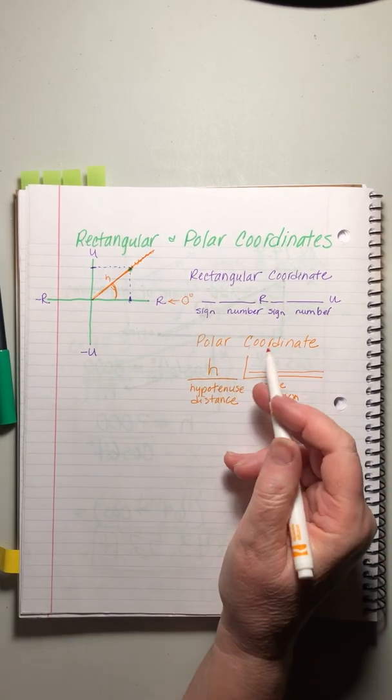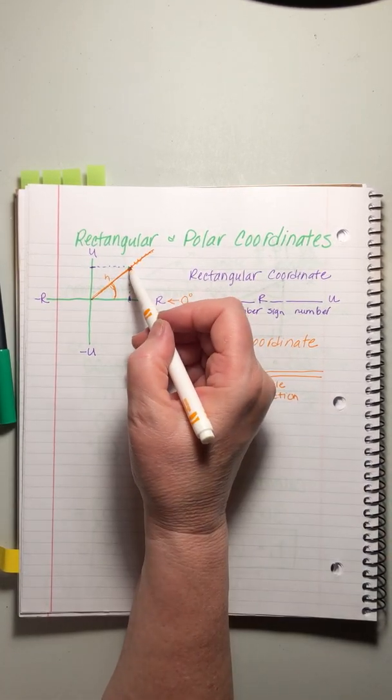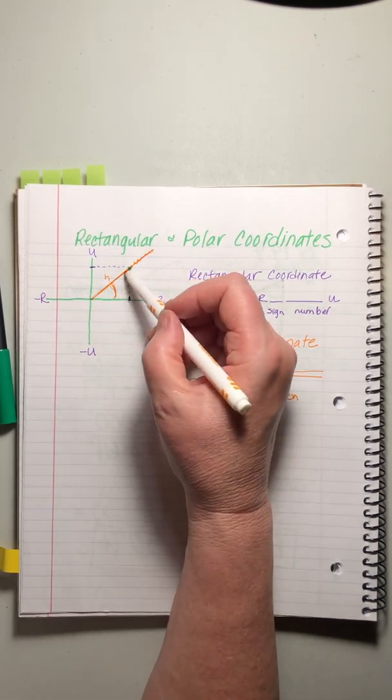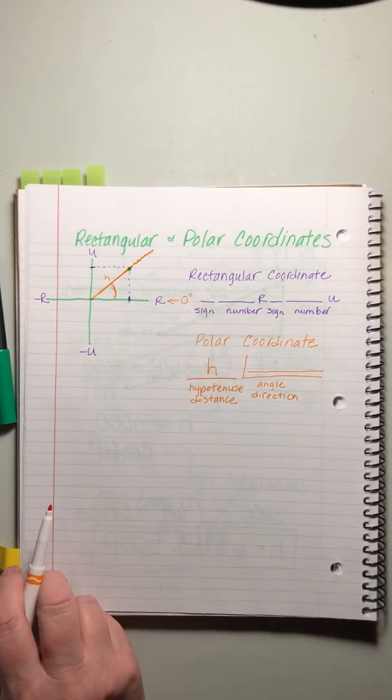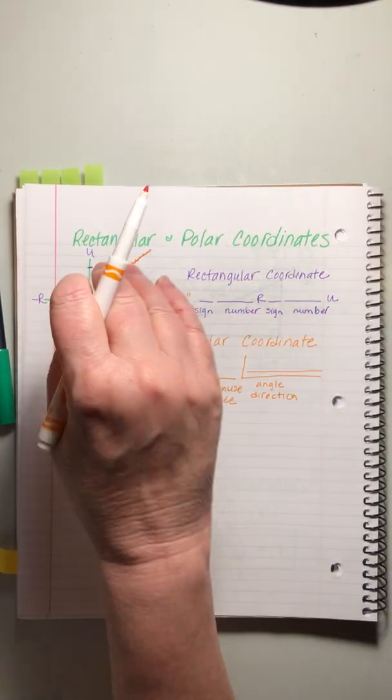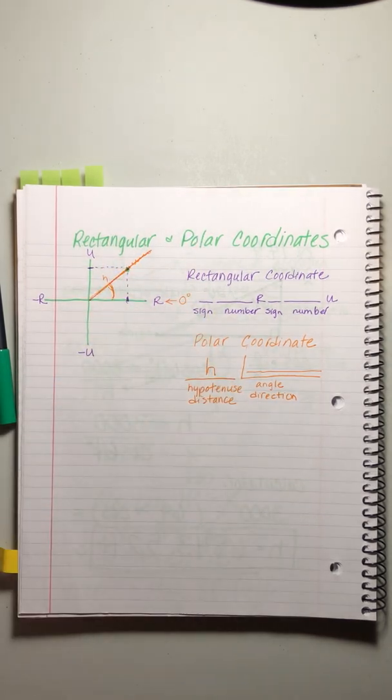All right? So again, it's another way to find that same point, but first we measure an angle, and then we measure the distance out on that angle to locate our point. These are two equally valid ways to note points on our Cartesian coordinate system. They both have pros and cons, and we'll use them for different things.